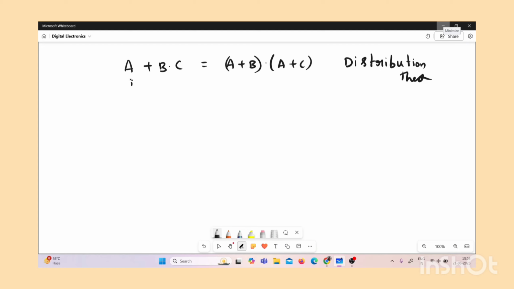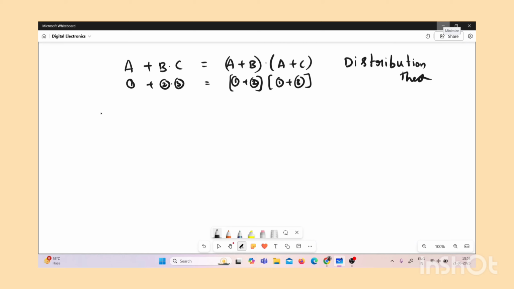That means if you are having variables like this, 1 plus 2 into 3, we can write it as 1 plus 2 multiplied with 1 plus 3, because we will use all these theorems while simplifying the logical expression.